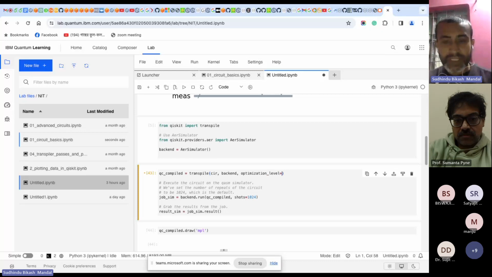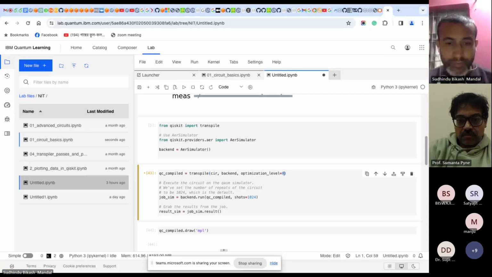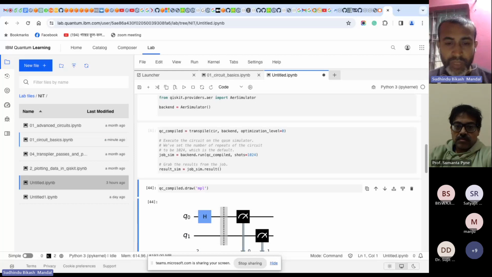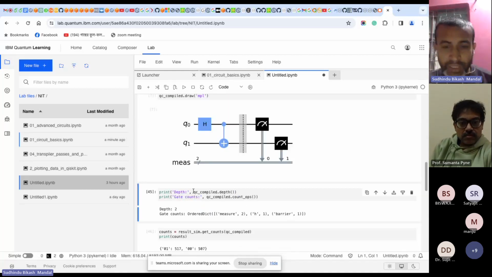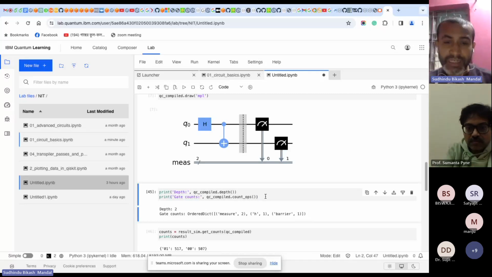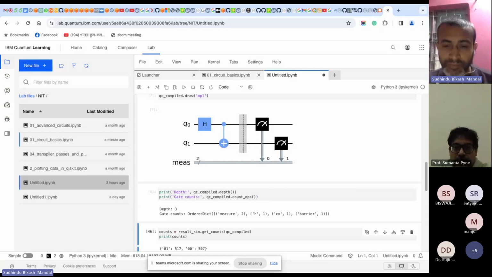Now I'm putting optimization level as 0, and I'm drawing this circuit. See, from this you can get the depth of the circuit as well as the number of gate count. You will get, see, there are 2 measurement gates, 1 Hadamard gate, and 1 CX gate.